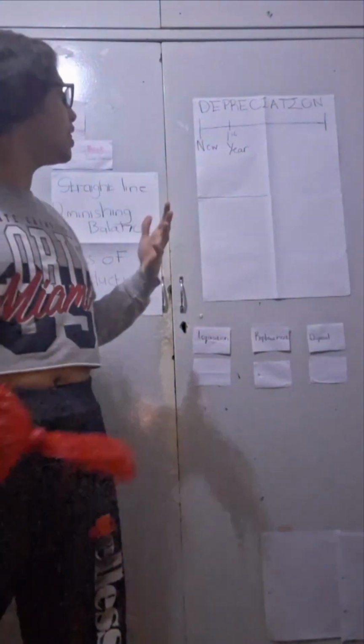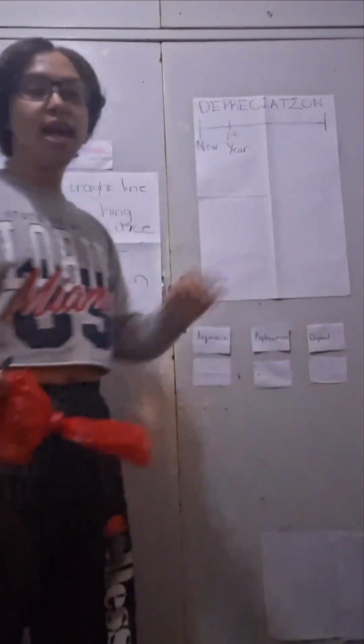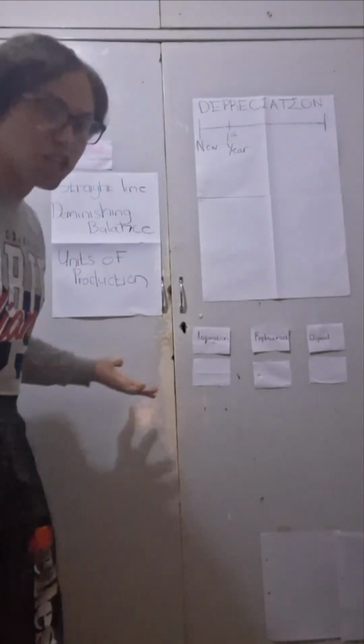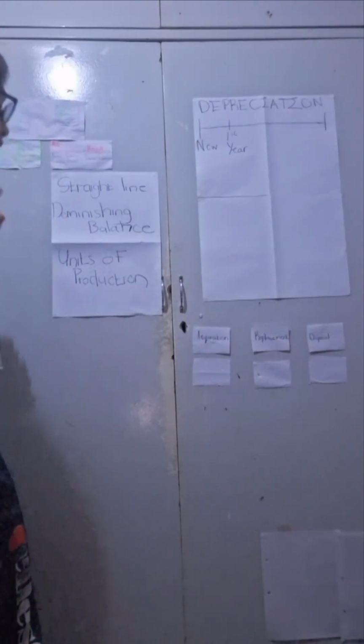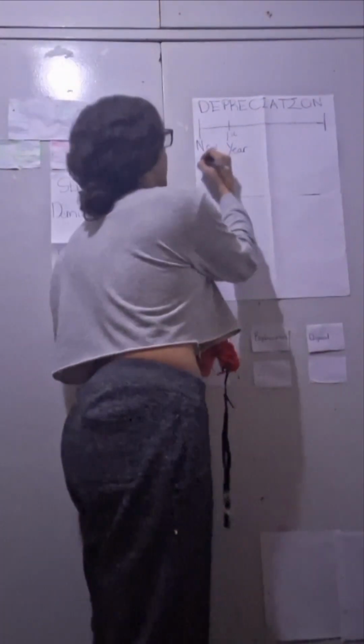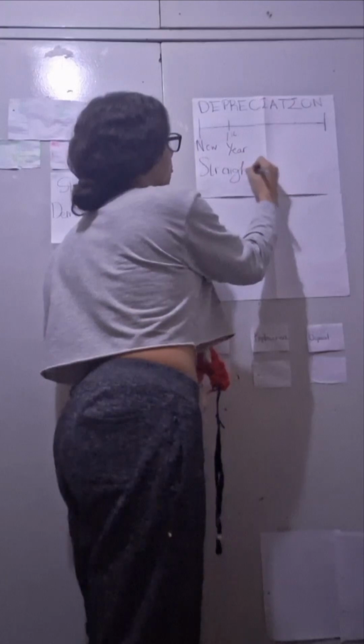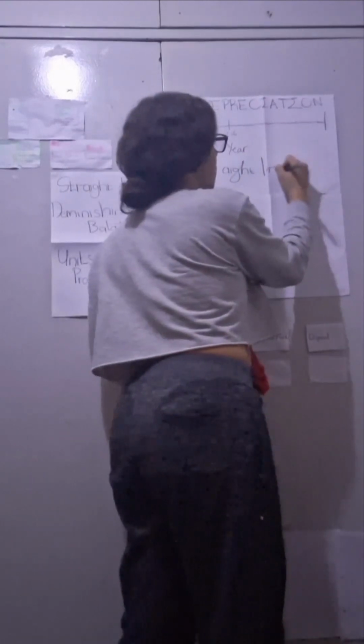In the topic of depreciation, we have 3 methods on which we can calculate depreciation, being the straight line method, the diminishing balance method, and the units of production method. We will start with the straight line method.